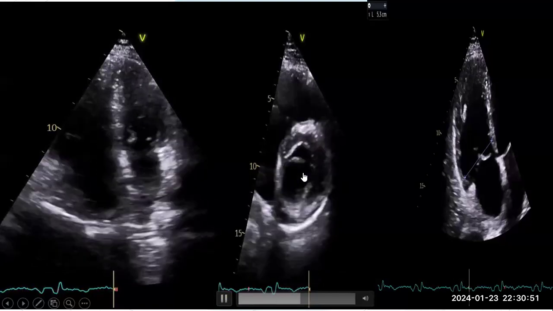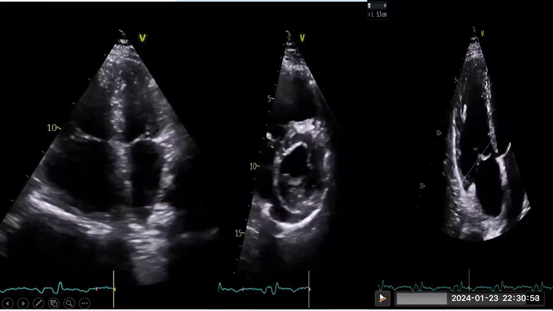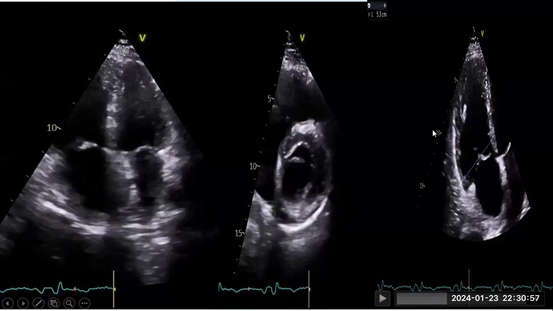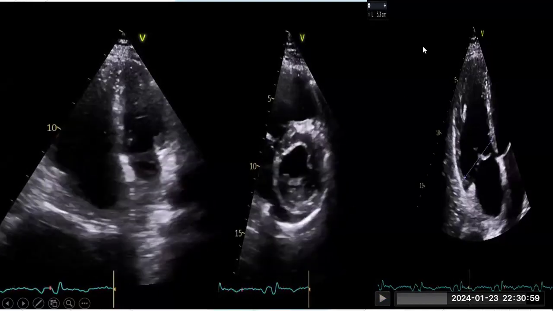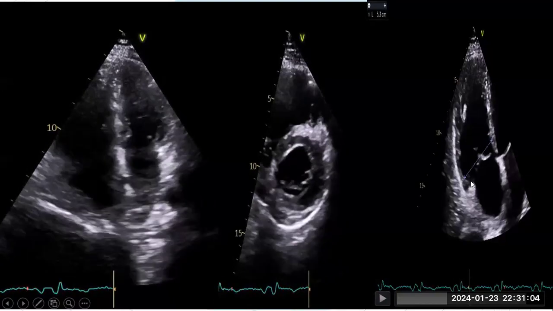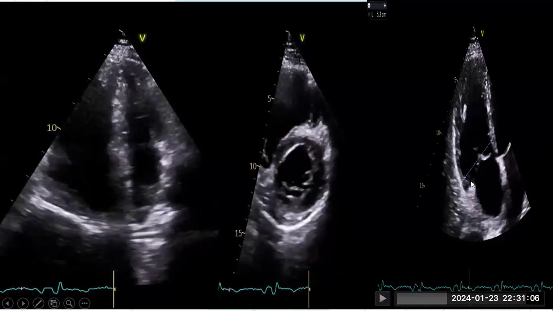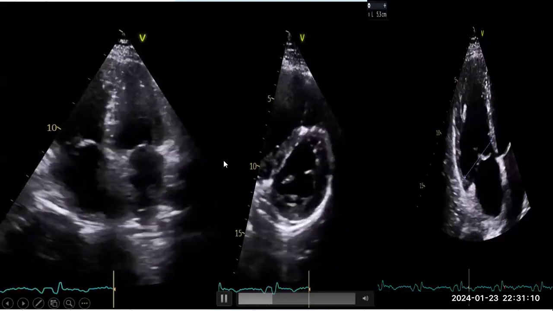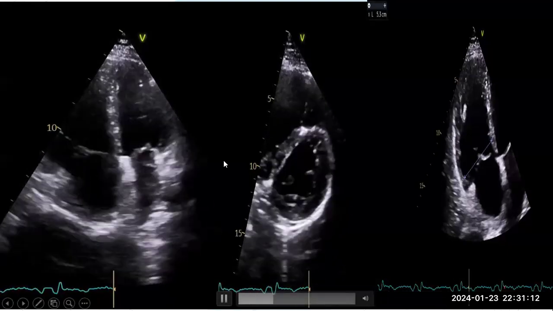The septum is pushed toward the LV. And here you can see there was a number. I'm not sure if you can see it. I think almost 5 point something, the basal RV. The normal cutoff is up to 4.1. Here is more than 5. So you are talking about severe dilatation of the RV.